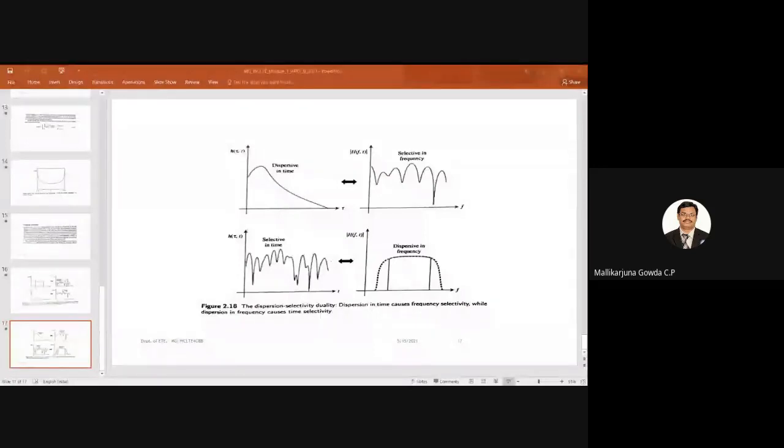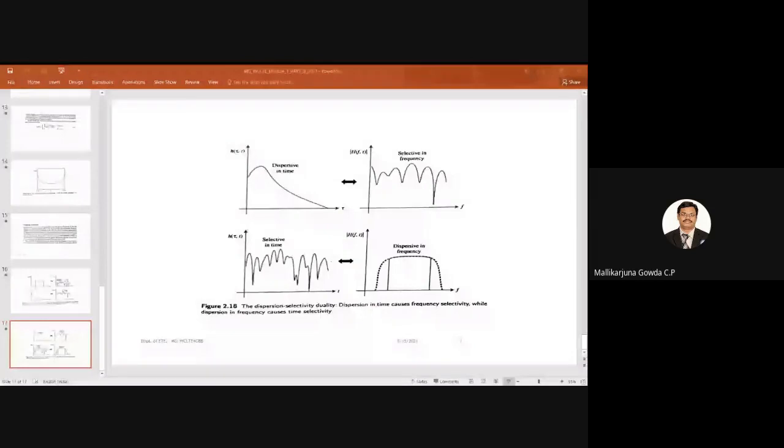Similarly, if the signal is selective in time, then it will be dispersive in frequency. So if it is dispersive in the time domain, it will be selective in the frequency domain, and if it is selective in the time domain, it will be dispersive in the frequency domain. These things are really useful for you to know the impact. If the signal is dispersive in time and selective in frequency, what is its advantage?